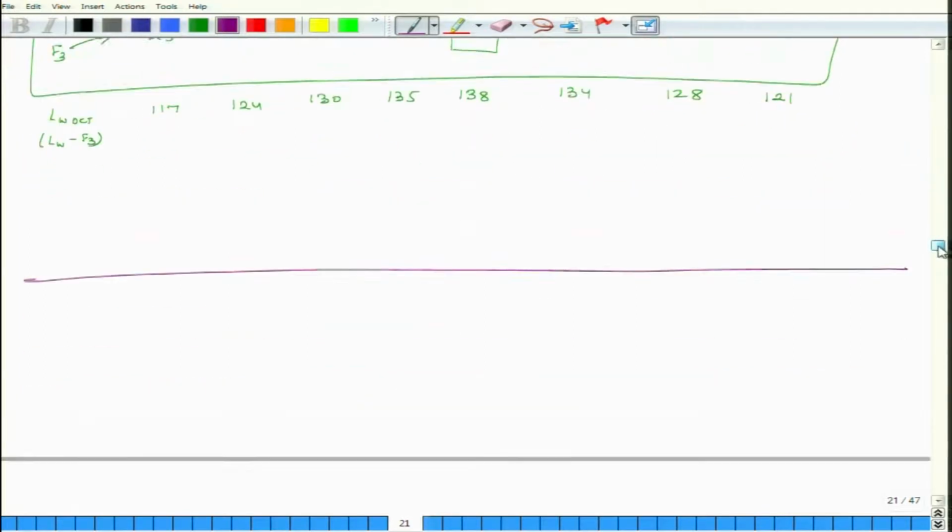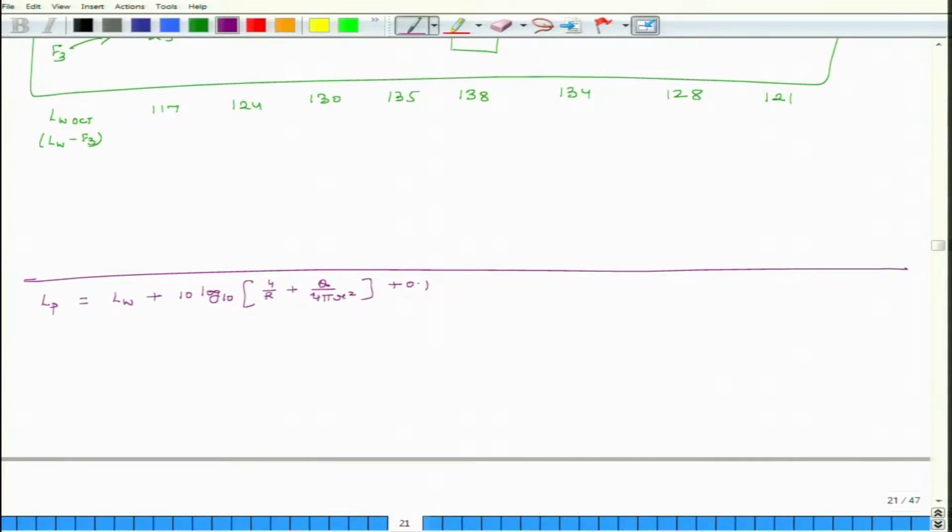So, what we will do is first compute LP. LP is equal to LW plus 10 log 10 of 4 over R plus Q by 4 pi R square plus 0.1.